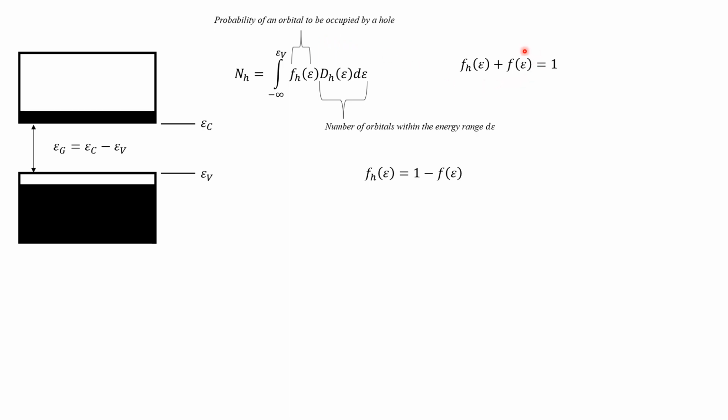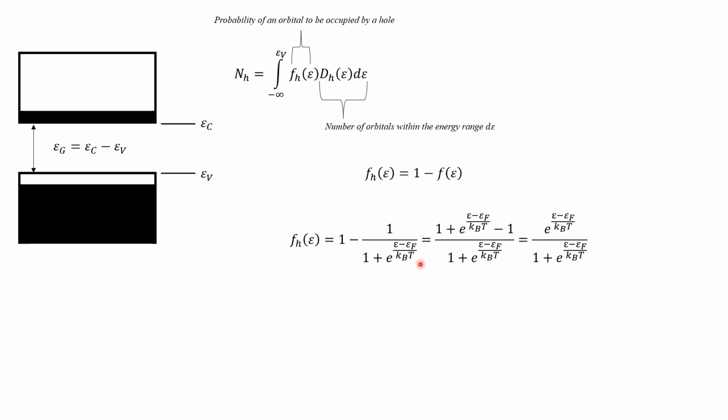Since the probability of the orbital to be occupied by an electron plus the probability of an orbital to be unoccupied by an electron must be 1 because the orbital must be either occupied or unoccupied, it follows that the probability of finding an orbital unoccupied by an electron, in other words, the probability of finding it occupied by a hole, is given by 1 minus the Fermi-Dirac distribution.